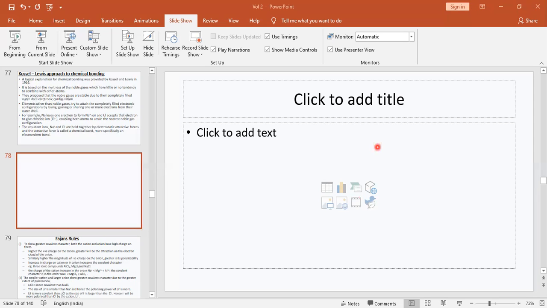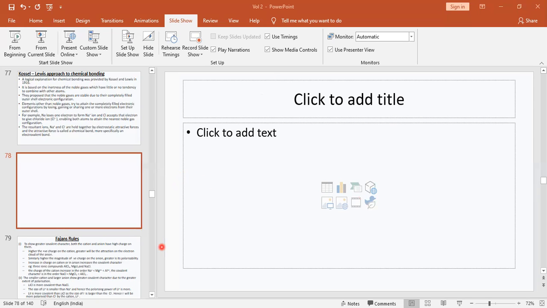Now we'll take one more example, the Lewis structure for nitric acid. Nitric acid means HNO3. Here the nitrogen is surrounded by three oxygen atoms.